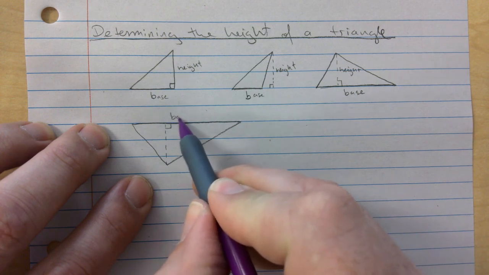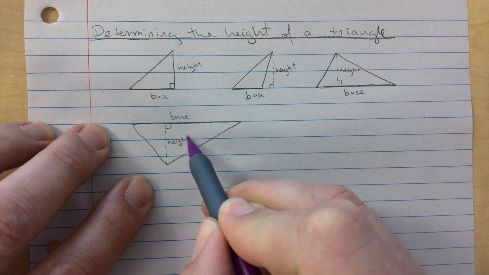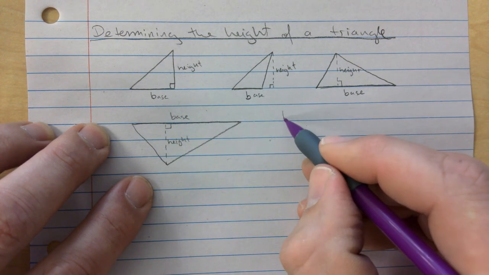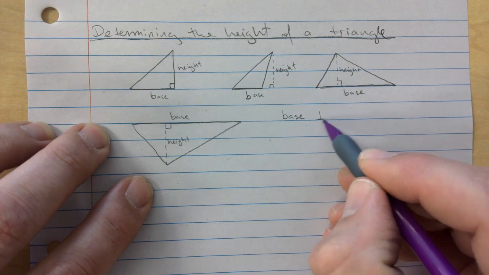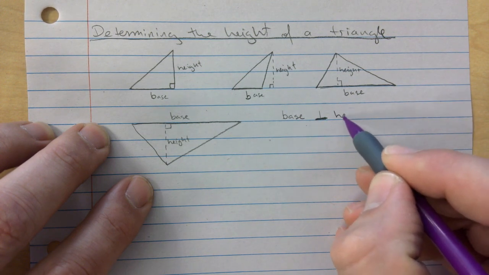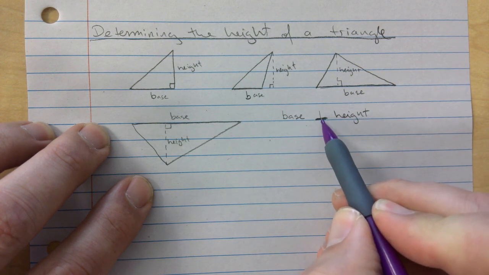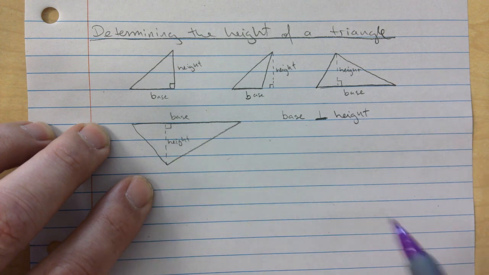This is the base, this would be the height. So when you get a triangle, the base is going to be perpendicular to the height. You have to remember that. They always meet at a 90. No matter what, the base and the height always meet at a 90.